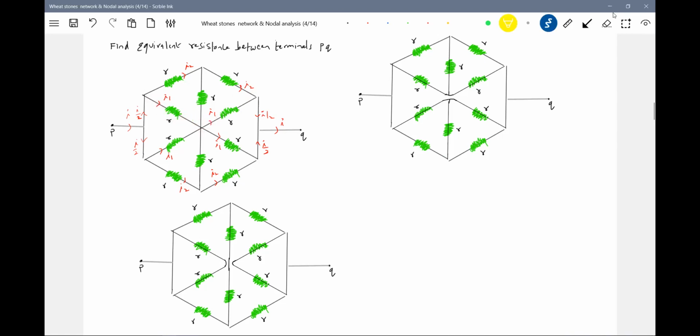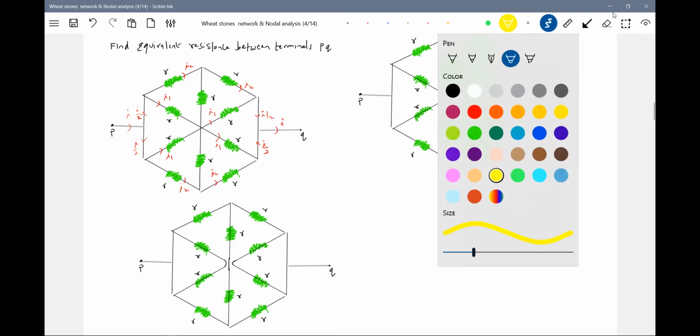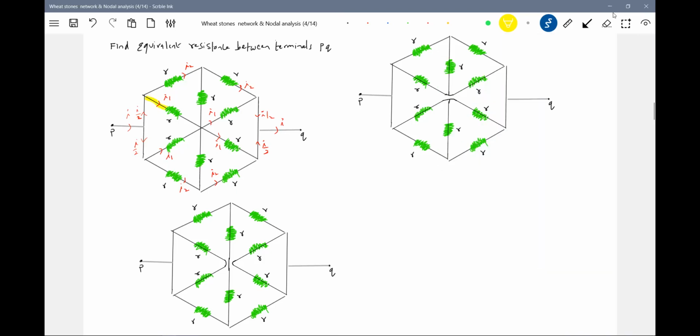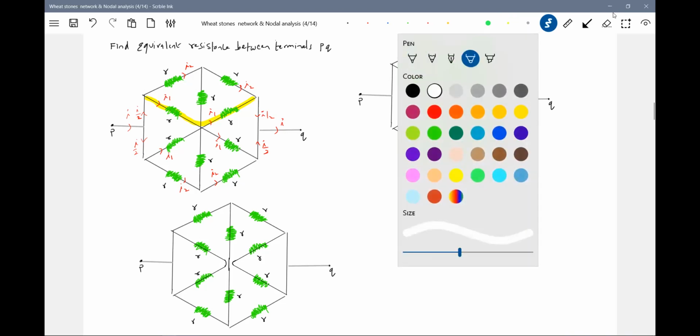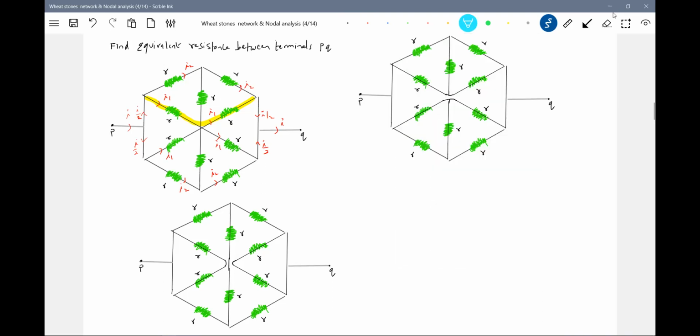So what is the meaning of this? This current will not branch. It will just flow like this. And the other current will take a path like this. How do I come to know that the current will not branch?